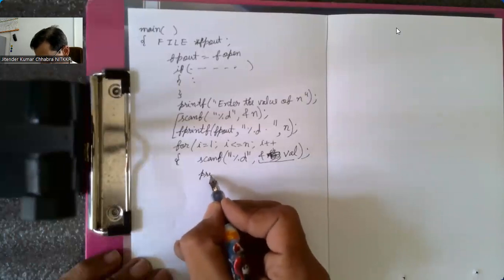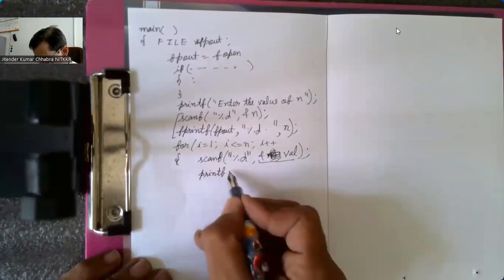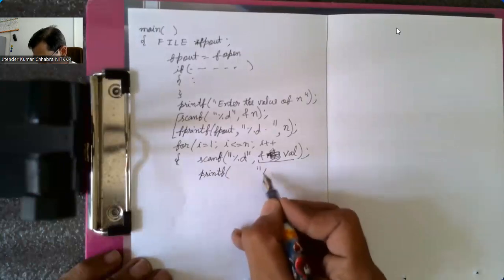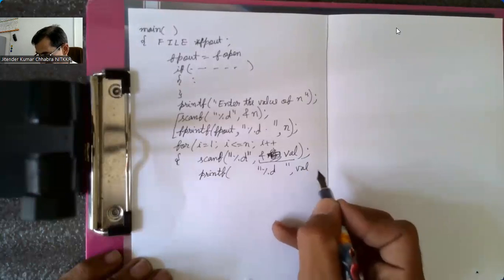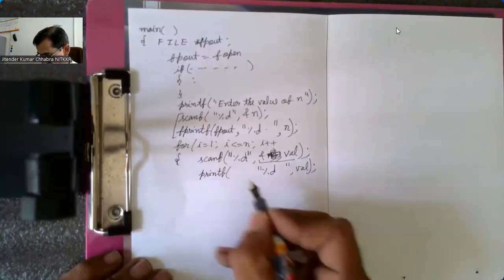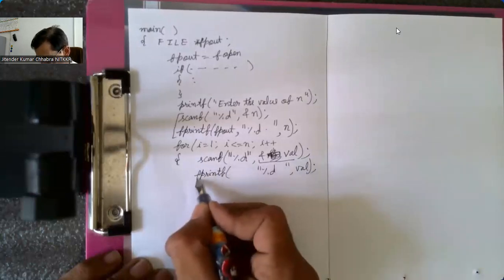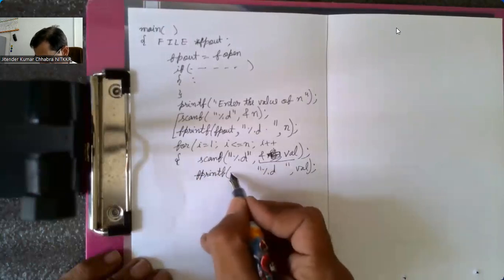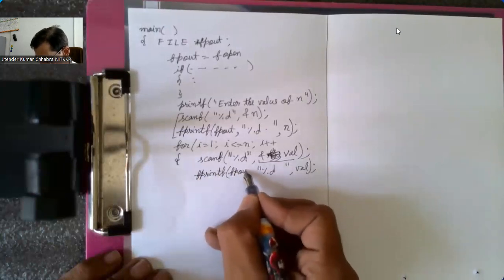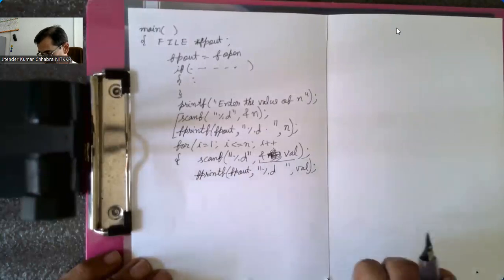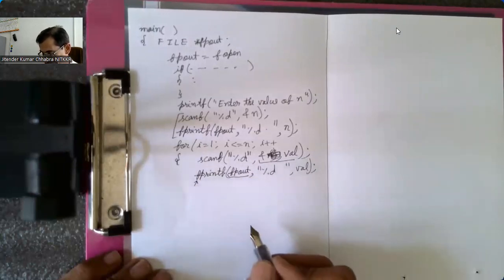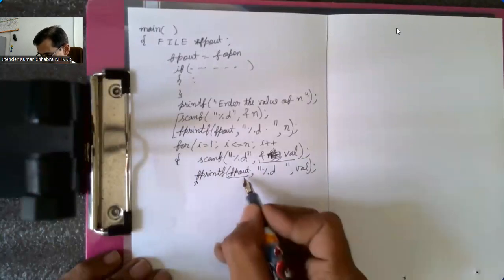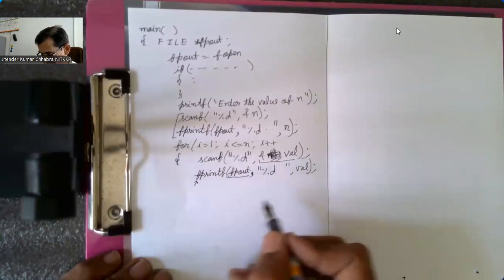If you have to print it on screen, you will say printf, %d space, and val being listed on the screen. You want it written to file. The only change is that it will become fprintf, fp out, and this, that's it. So just this extra alphabet f. Rest everything is the same. And a comma, of course.